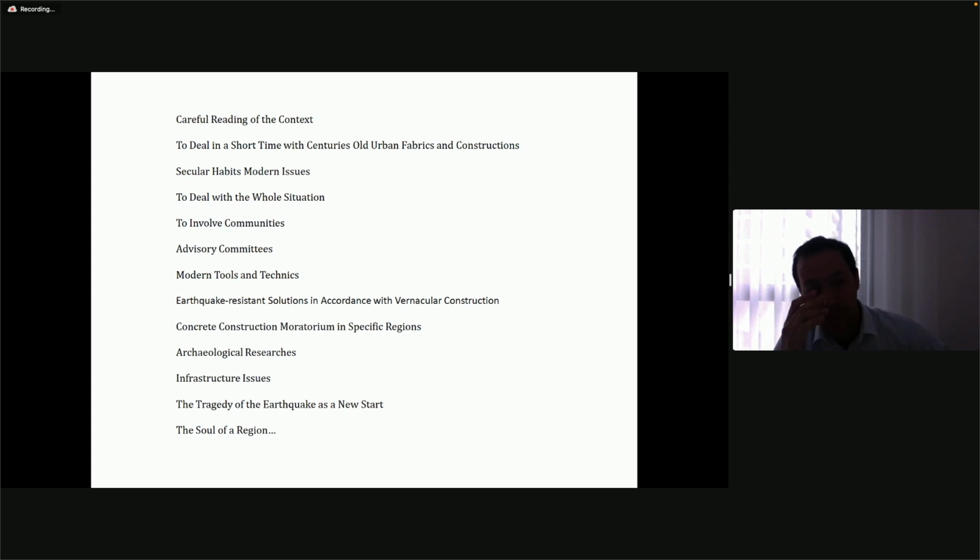You have to have the capacity to take a step back, to have a view of the whole situation. Of course, you have to involve communities. You have maybe to act with advisory committees instead of imposing rules, because that won't work, I think.